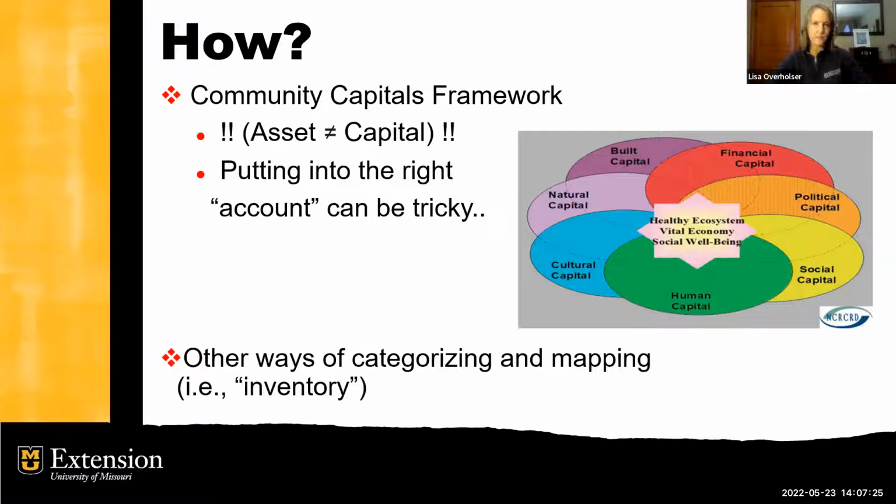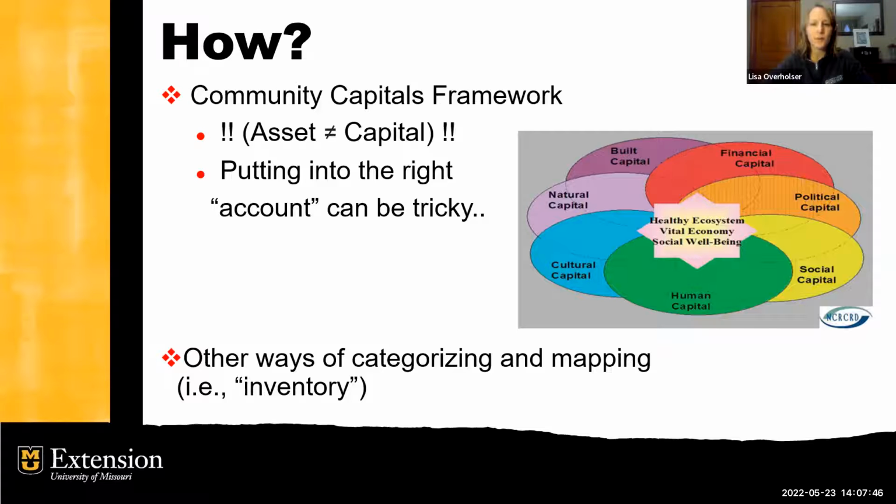So Emery and Flora define capital as any type of resource that's capable of producing additional resources. When resources or assets are invested to create new resources, that's when they become capital. That's helped me as I go through this process.